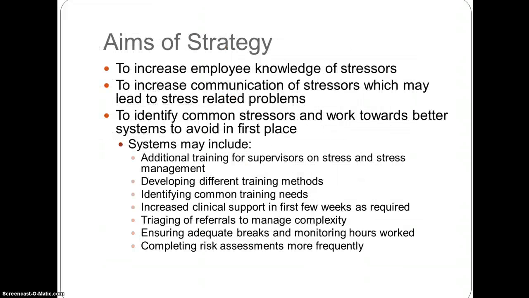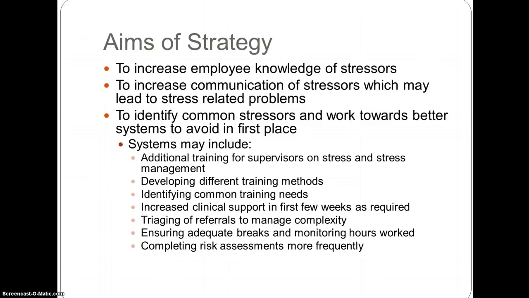So the aims of the strategy: I'd like to increase employee knowledge of stresses, to increase communication of stresses which may well lead to stress-related problems, and to nip them in the bud before they actually become a stress problem, to identify common stresses and work towards better systems to avoid them in the first place.